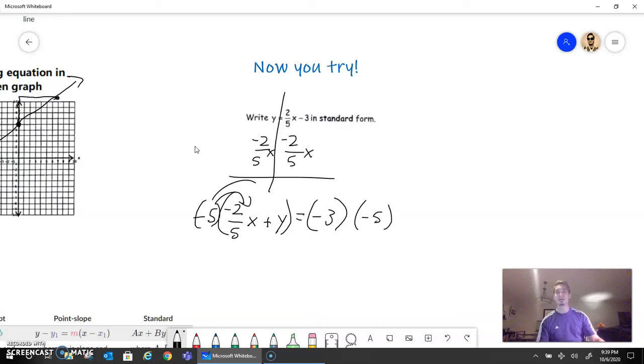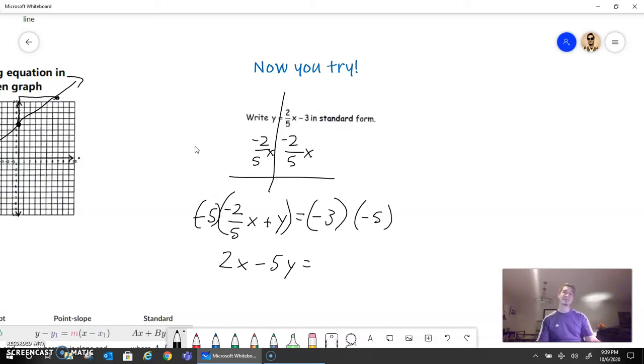So I should get, what is negative 5 times negative 2/5? The 5's cancel out and the negative cancels out, so I should just get 2x. And what is negative 5 times y? That's negative 5y.